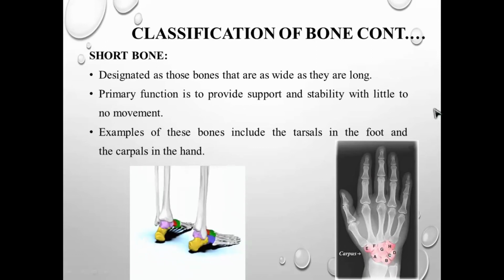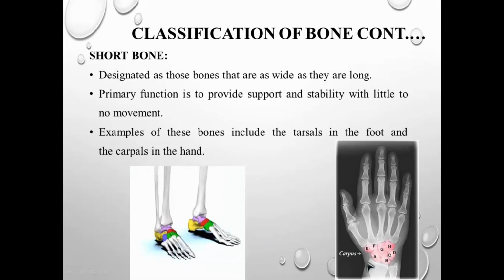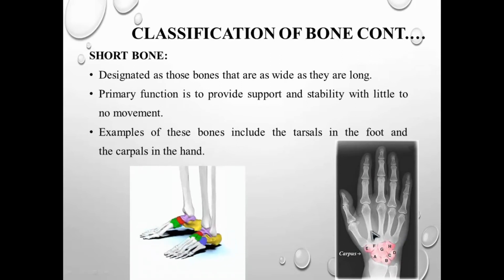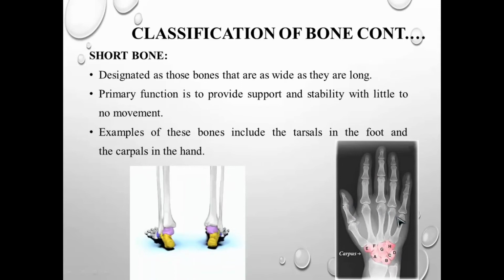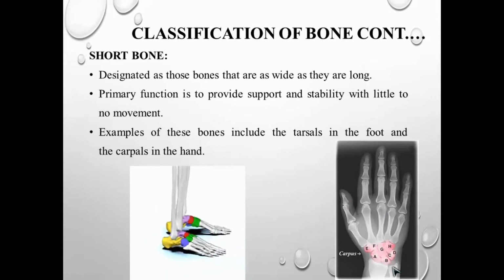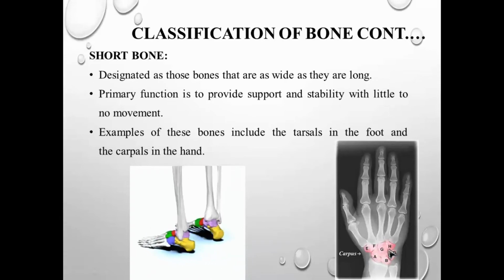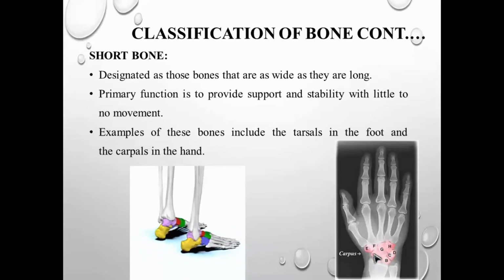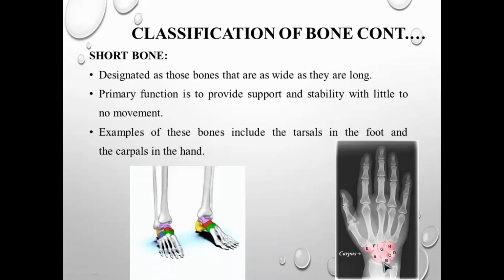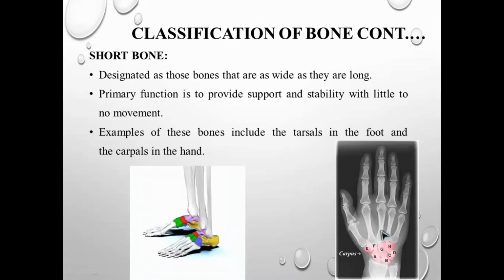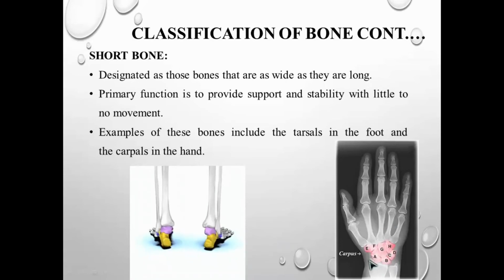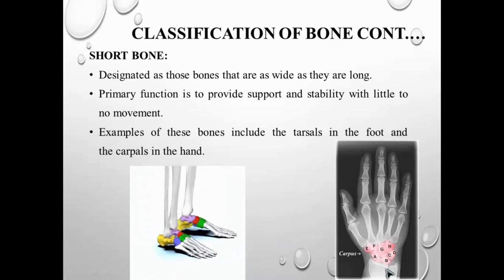You can move here, you can move here, you can find the joints, so you can easily move, and here also we can move, but this region will not move because it is made up of short bone. This is going to support the movement between your palm as well as your wrist region.